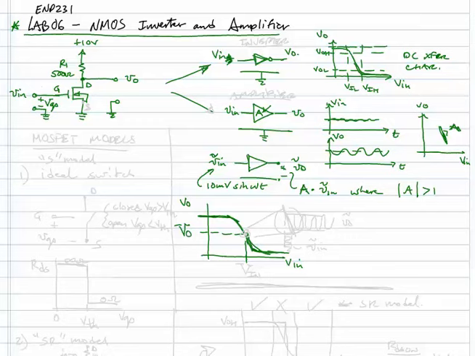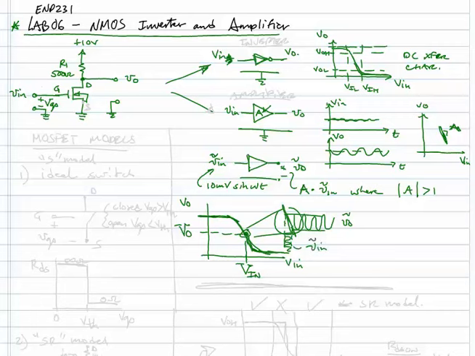If you have some operating point VO and VIN, all capital, then if you operate around that point, there's a slope. And if you put in some small input, you'll get some larger output. And that's what you're going to explore in this lab.